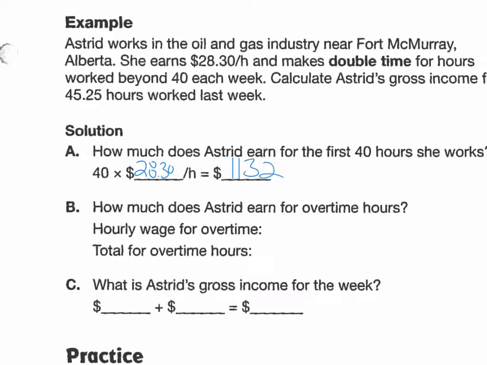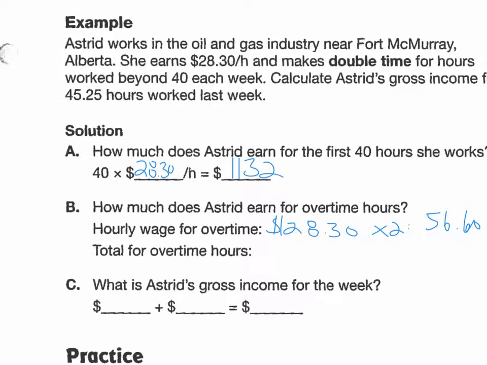And now we need to calculate the overtime. So, what's the hourly wage for overtime? Well, our normal one is $28.30, and she's getting paid double time, so we multiply that by 2. And her overtime wage is $56.60. It's a pretty good hourly wage for overtime.